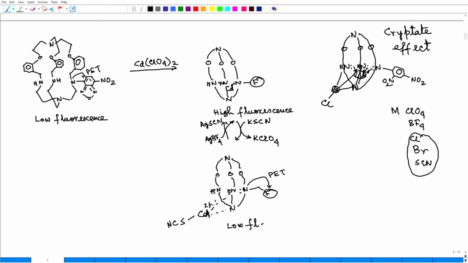Outside it gets 1, 2, 3 and the 4th can come if there is a coordinating anion. So this is another way of having reversible fluorescence by playing with the counter anions.